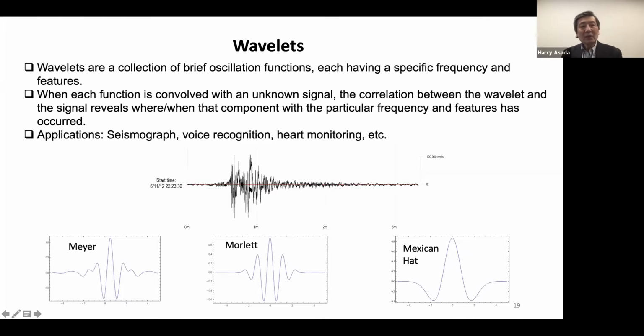Yeah, so it's being used for not only earthquake signals but voice recognition and heart rate monitoring, cardiovascular signals. They use this kind of method quite extensively. So that's called wavelet. It's better to memorize this, although the details are not covered here.